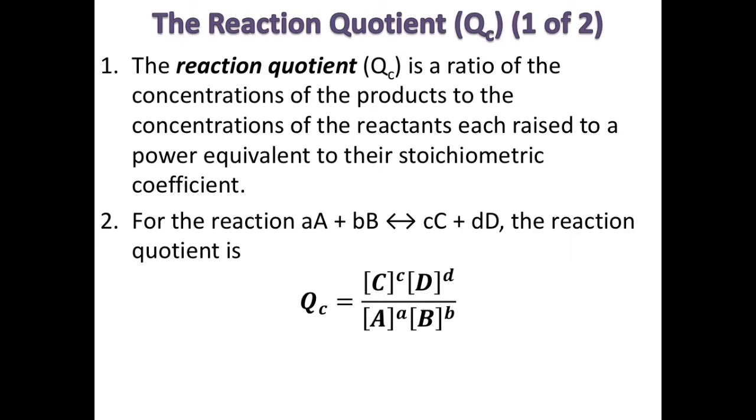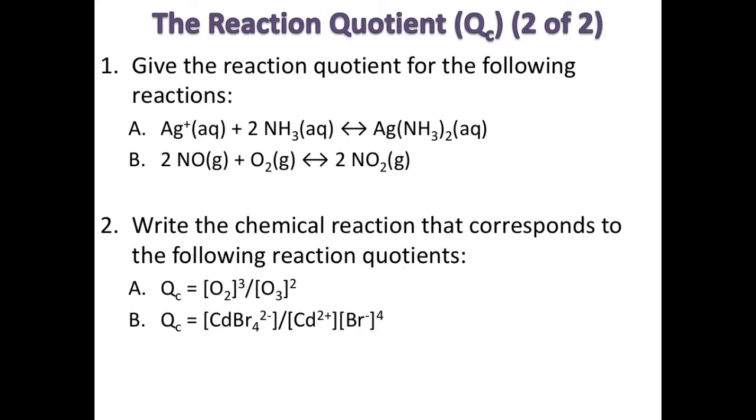So for a hypothetical reaction of A plus B goes to C plus D, the reaction quotient is the concentration of C to its power, concentration of D to its power, in the denominator, the concentration of A to its power and B to its power. It's very generic, so I guess we have to look at some examples.